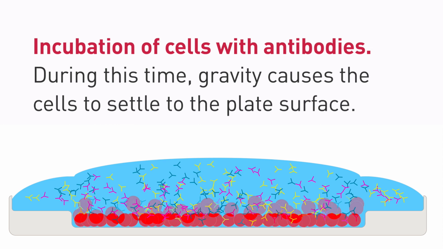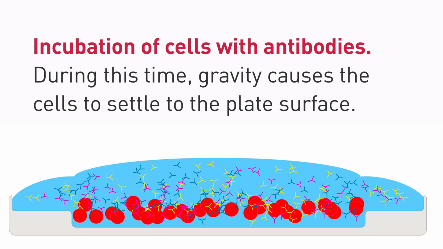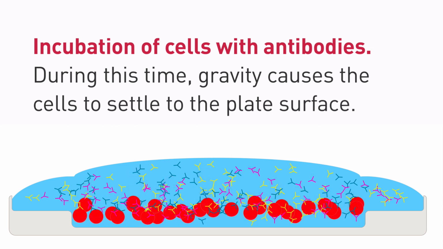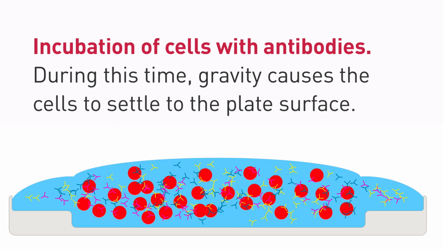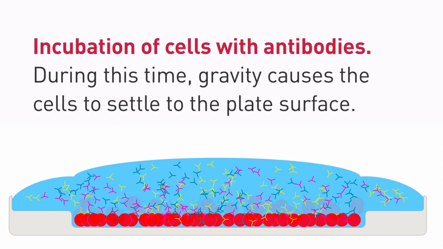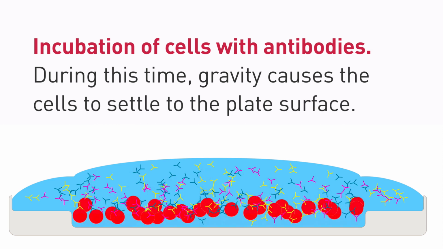And here's a little cartoon that I like, as you can see. And this is just what happens during the process of incubation. So here we've added our cells to the plate with antibody. And during this time where the cells are incubating with antibody, the cells will settle to the bottom of the plate surface via gravity.